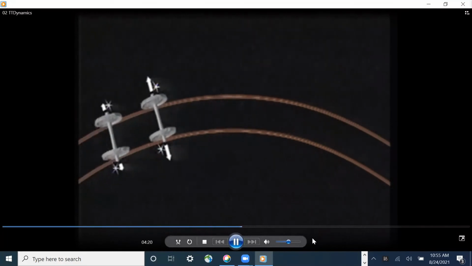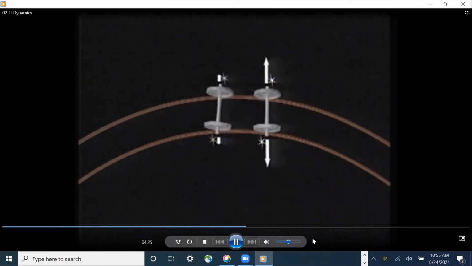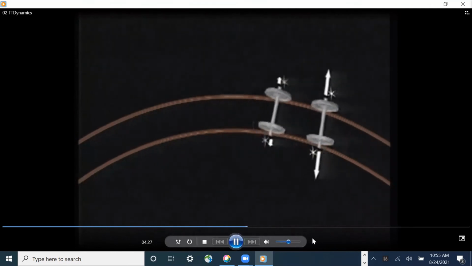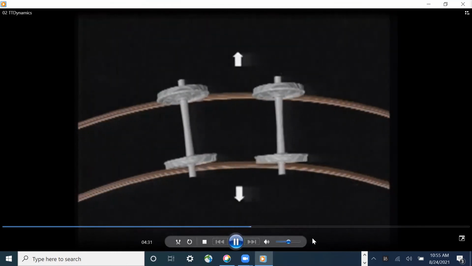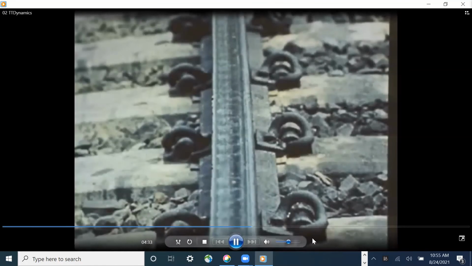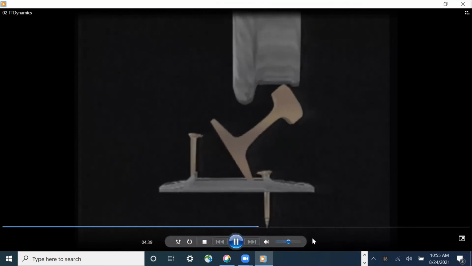These frictional curving forces increase the truck assembly's tendency to steer towards the outside of the curve. This steering action forces the rails apart, promoting rail corrugation, wide gauge, wheel climb, and rail rollover.